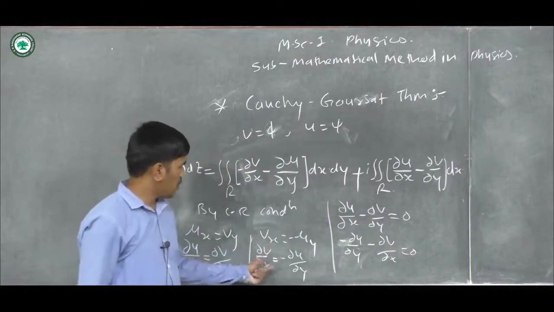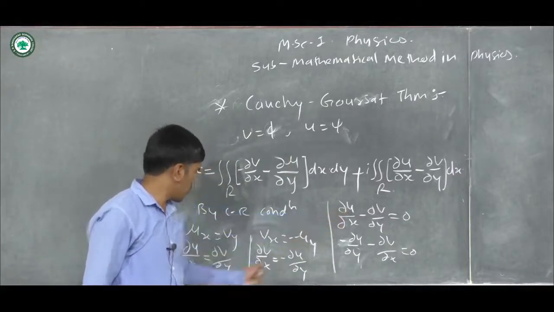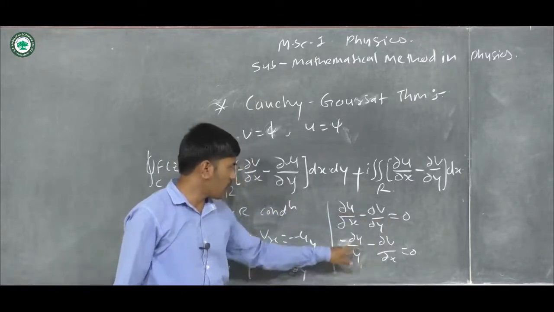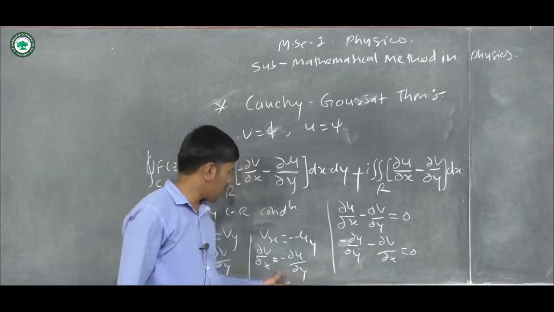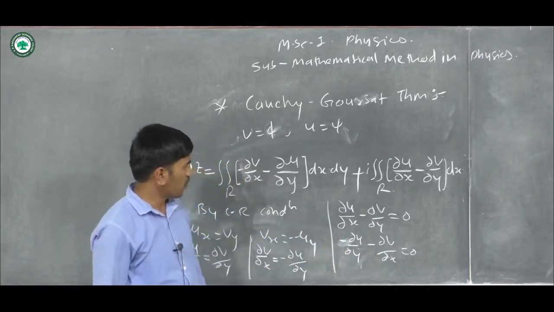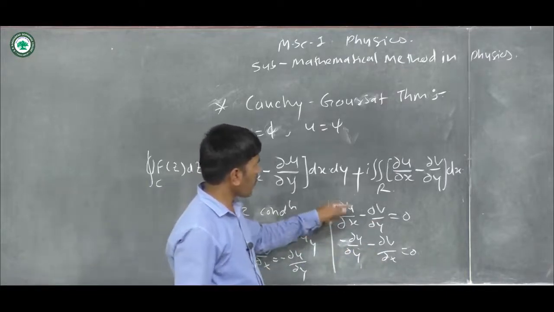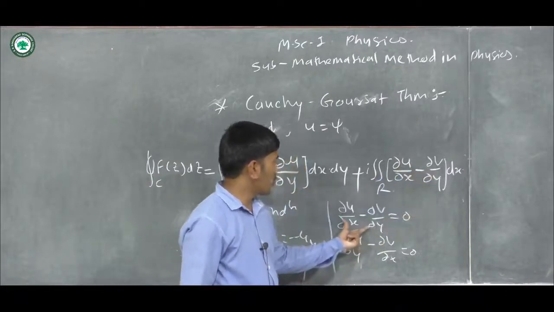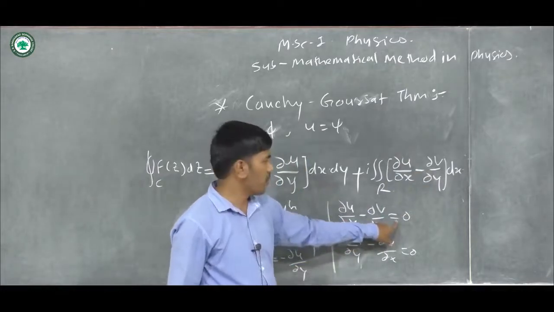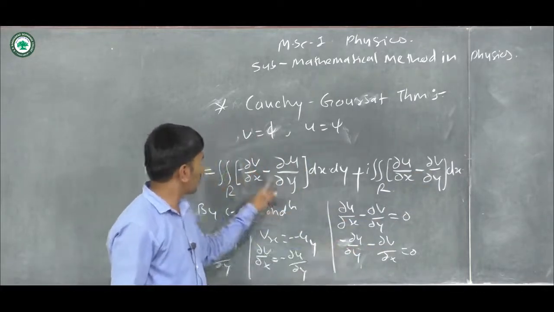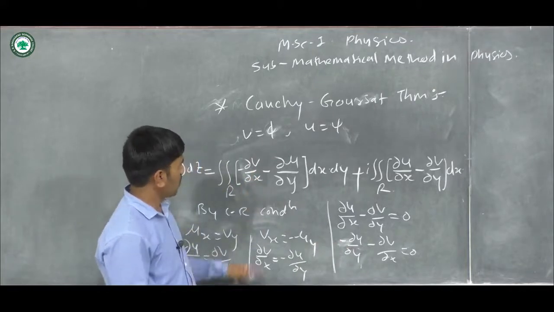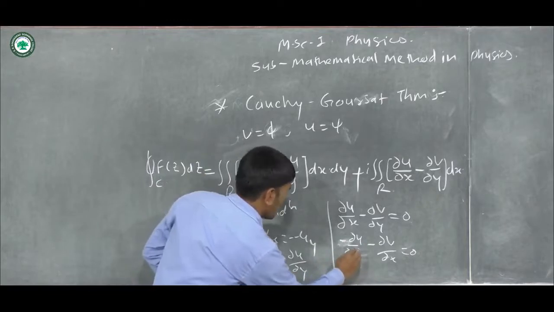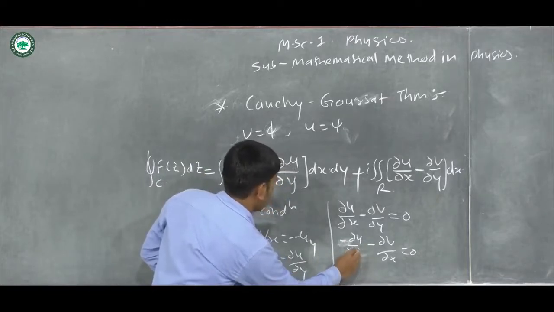Okay, so from this we can write ∂u/∂x minus ∂u/∂y is equal to 0, and minus ∂u/∂y minus ∂u/∂x, so it is equal to 0. If you observe these equations, ∂u/∂x minus ∂u/∂y is equal to 0. Actually here is a mistake, this is x, y.